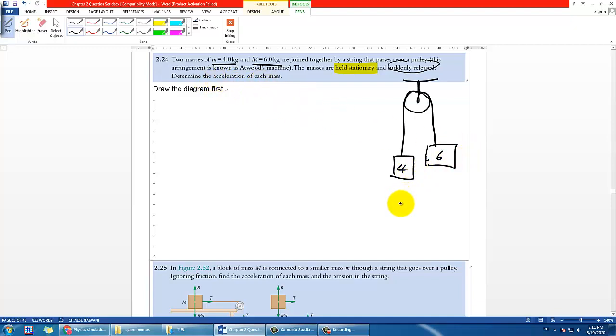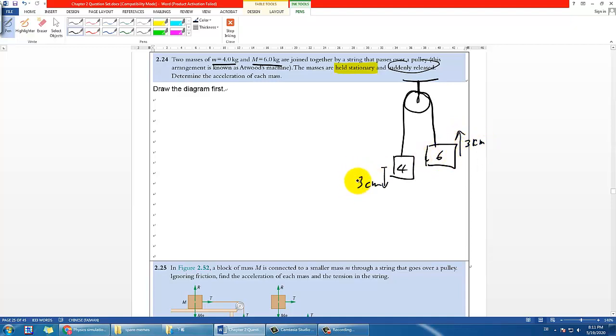So similar to the previous video, since they are connected by a rope that is inelastic and massless, the displacement of each of them will be the same, because if the 4 kg moves down by 3 cm in a certain time, then the 6 kg will also move up by the same distance, 3 cm.